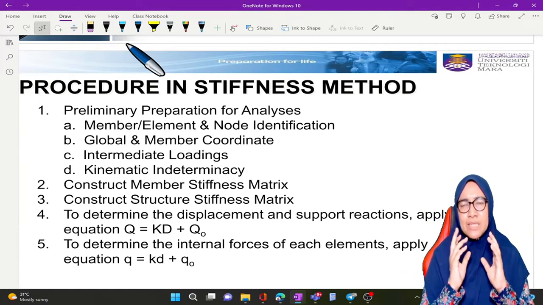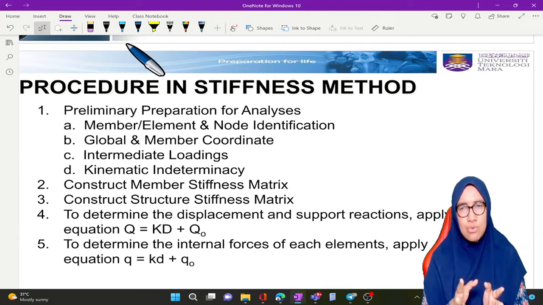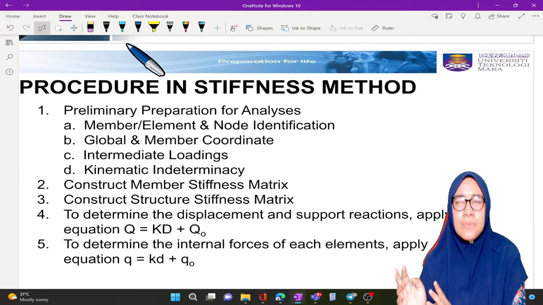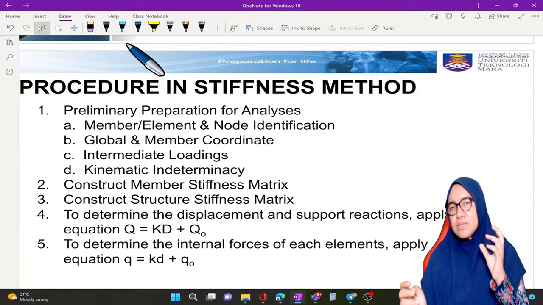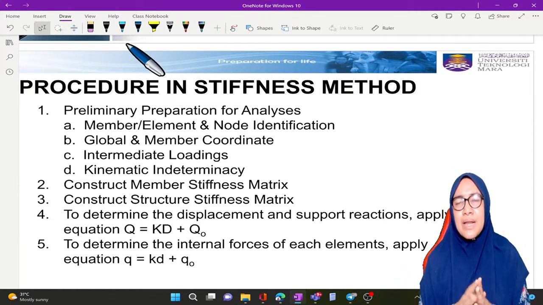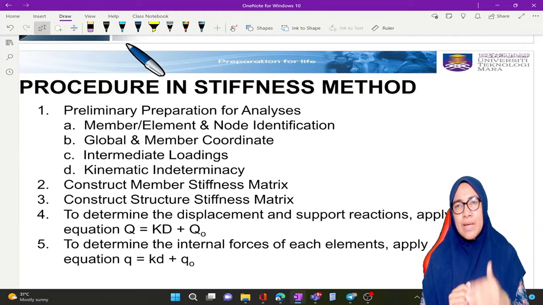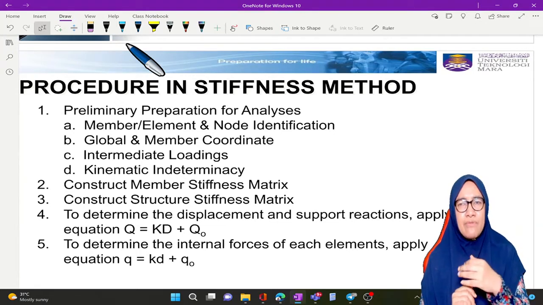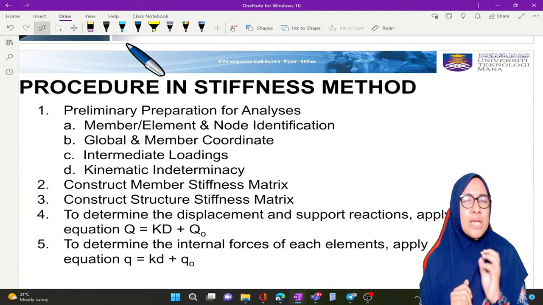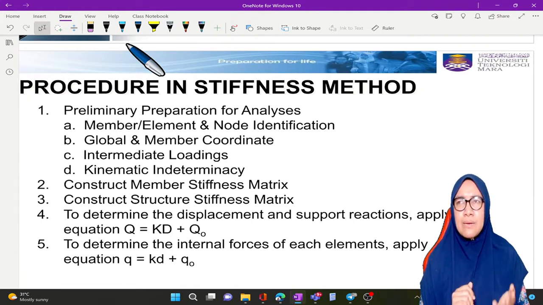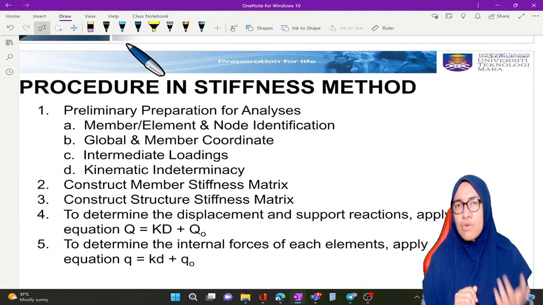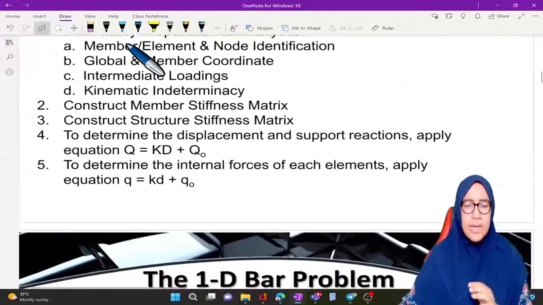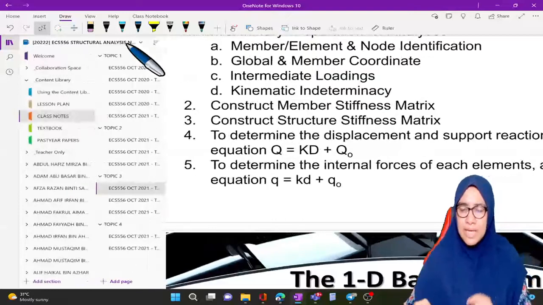Then from the element stiffness matrices K1, K2, we produce the structure stiffness matrix, capital K. After that, we apply the force displacement equation, and then we solve the unknown displacement. Once we have determined the unknown displacement, we continue to calculate the reactions or forces. That's the step. Okay, so I want to move to the textbook.